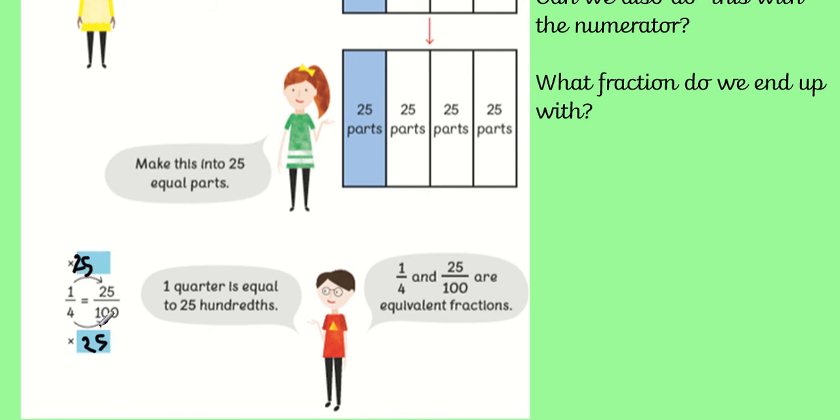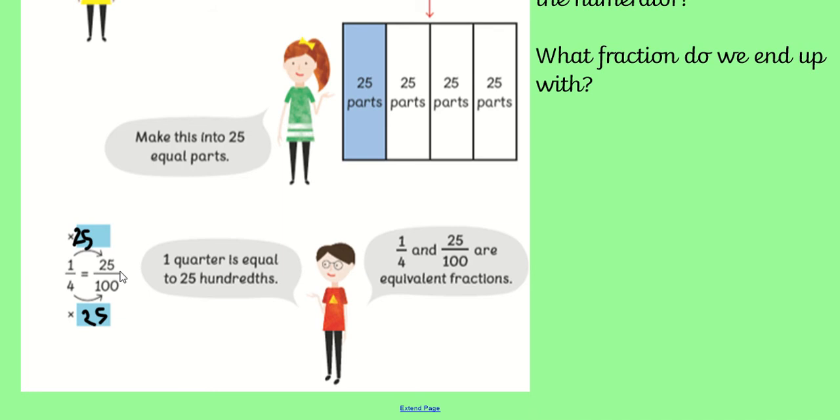So wherever we times or divide the bottom by, we need to times or divide the top by. Same the other way round. Okay, that's our golden rule. Whatever we times the top by, we need to times the bottom by. Whatever we times the bottom by, we need to times the top by.